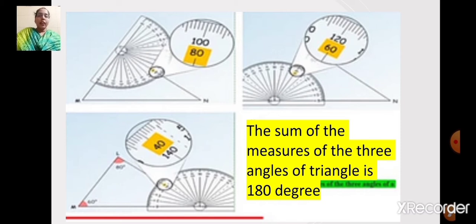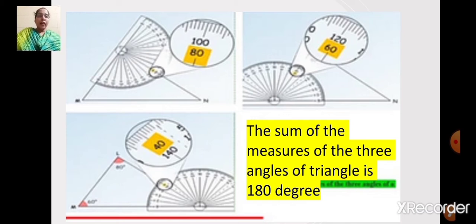In the given triangle, you have to use a protractor and find the measures of angles. Here I have drawn a triangle and using protractor, I am finding the measures of angles of the triangle. The triangle here formed is triangle LMN. With my protractor, I am finding it out. The measure of angle L is 80 degree. You can see it on my screen.